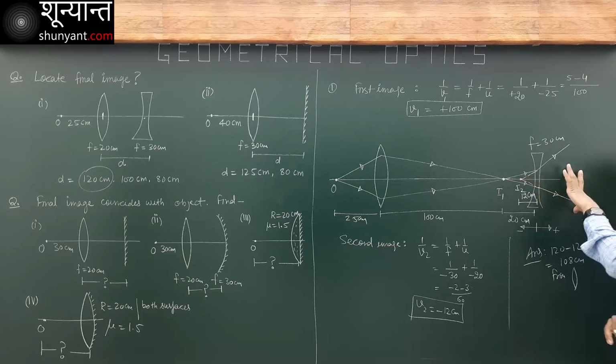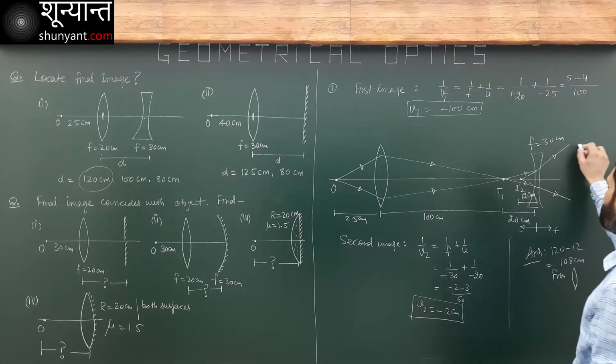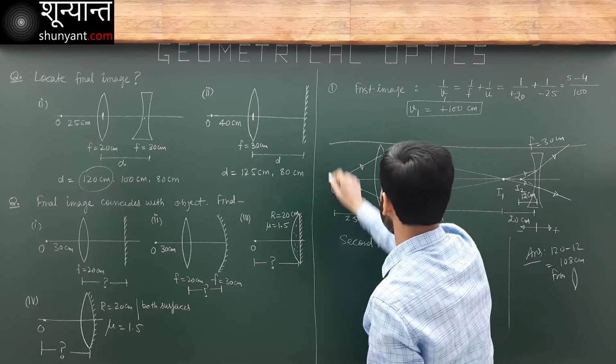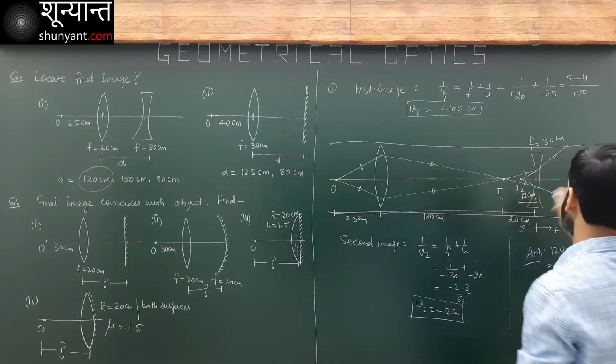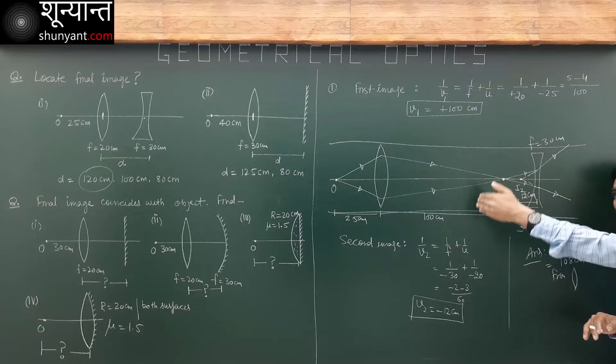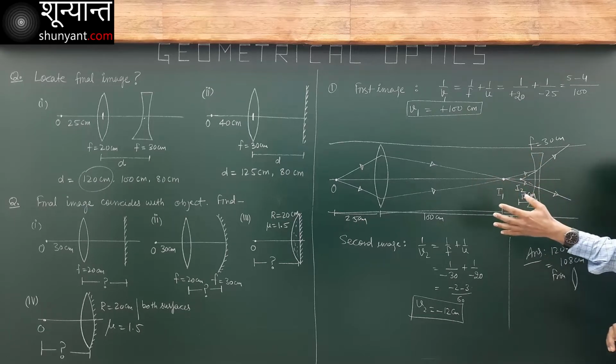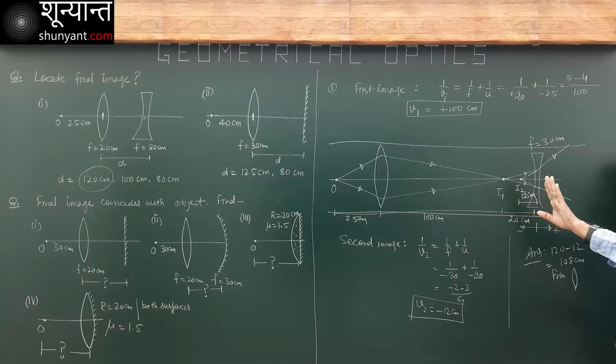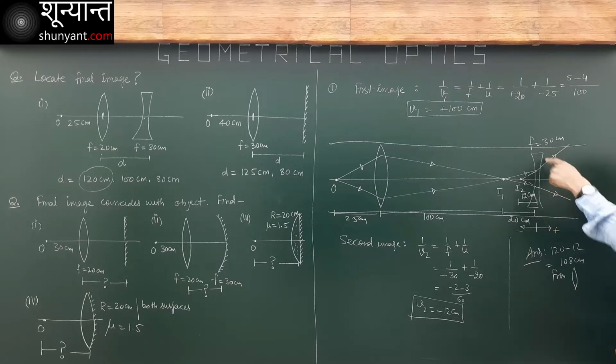If I am looking from here and this whole thing is closed in a box, I have absolutely no idea. You will never know whether there is only one lens or two lenses or how many lenses there are behind this lens. If the lenses are perfectly clean, you cannot figure it out, because what you receive is only these two light rays.